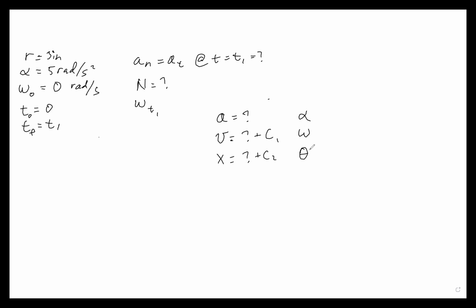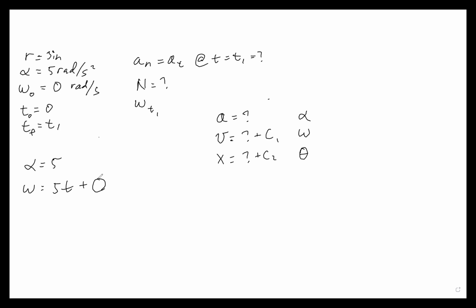So if we integrate alpha, which is 5 radians per second squared, then omega is going to equal 5t plus 0 for the c, because we were told that the initial angular velocity is 0.